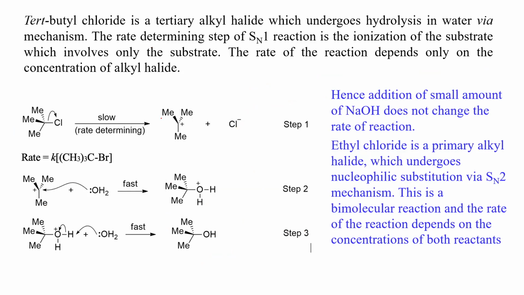Okay, let's look at the answer, how we approach it and how we write it. We know that tertiary butyl chloride is a tertiary alkyl halide, and we learned about alkyl halides and nucleophilic substitution reactions under Unit 2.